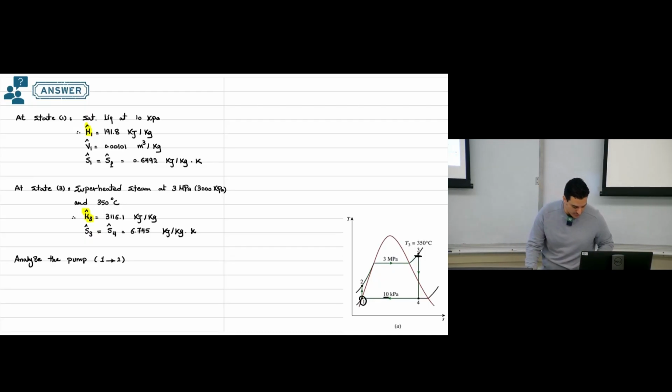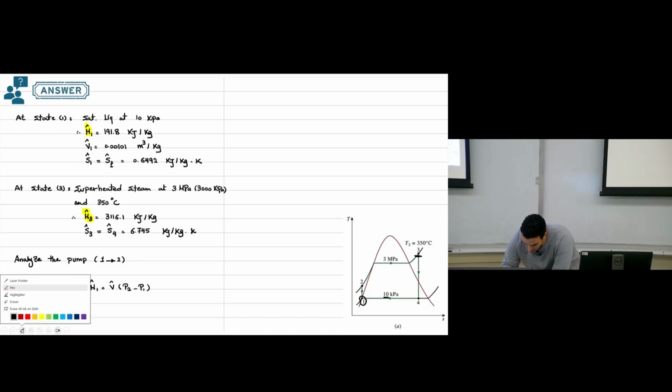If you get back to the previous slide, the slide that has all the equations, we can say the work inside the pump is enthalpy at point number 2 minus enthalpy at point number 1. This will be the specific volume times P2 minus P1.